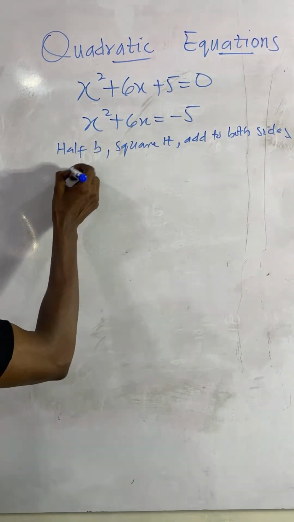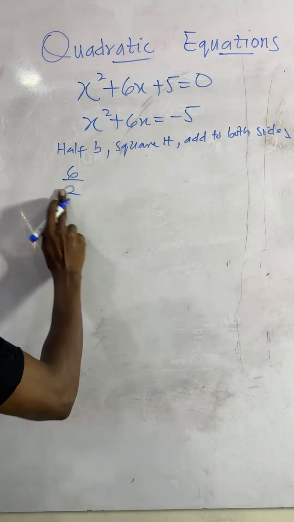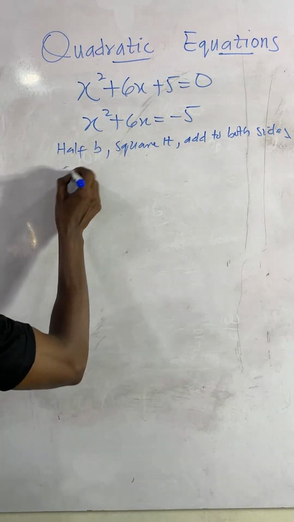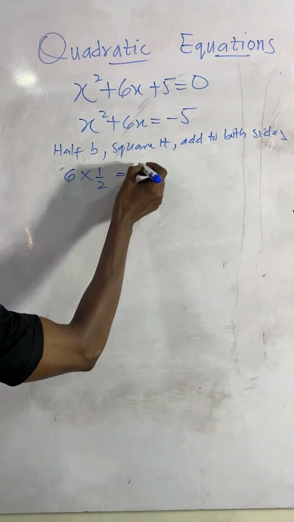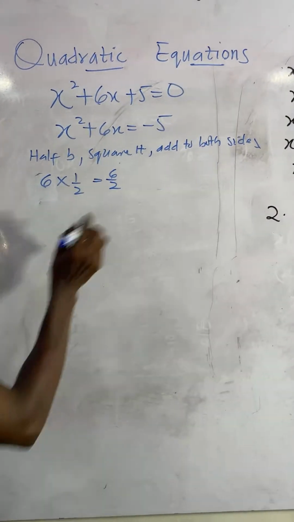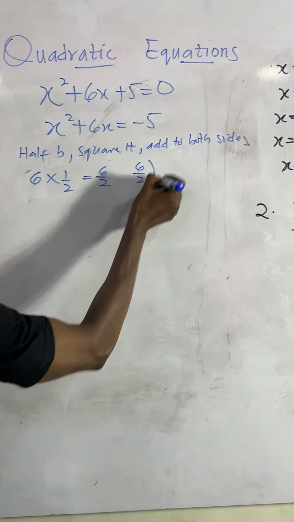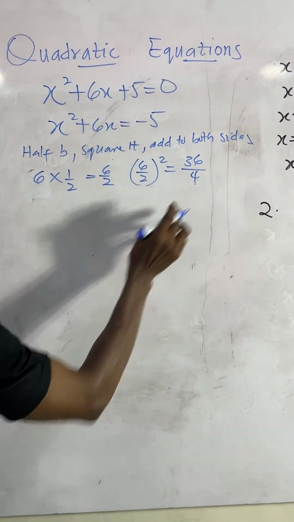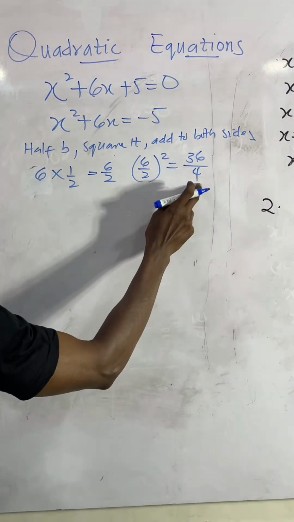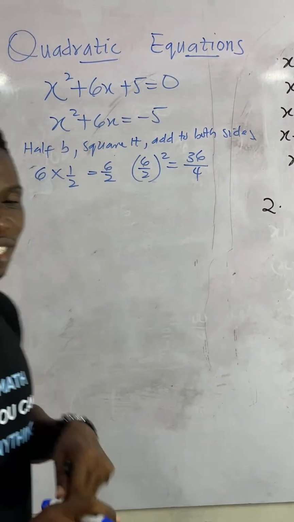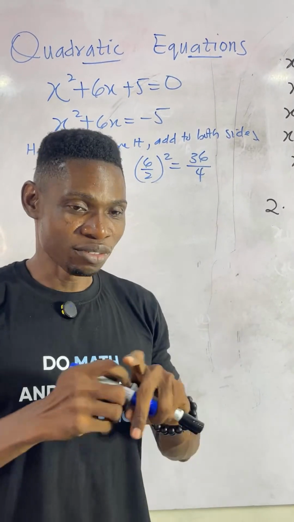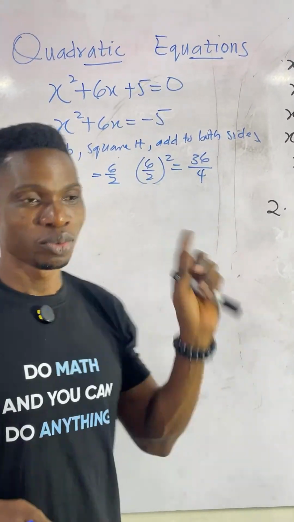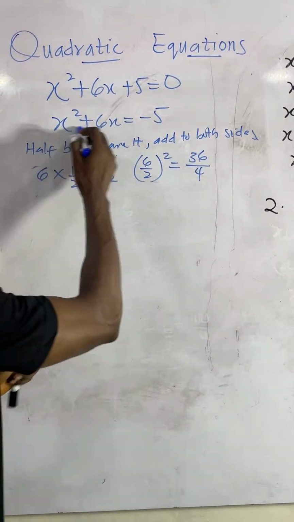So we have 6 multiplied by half, which is 6/2, right? Square it, that's 6/2 squared, that's 36/4, right? What's the next thing to do? After halving and squaring b, what do we do? Add it to both sides.